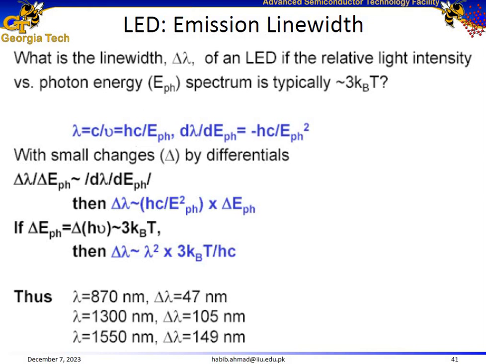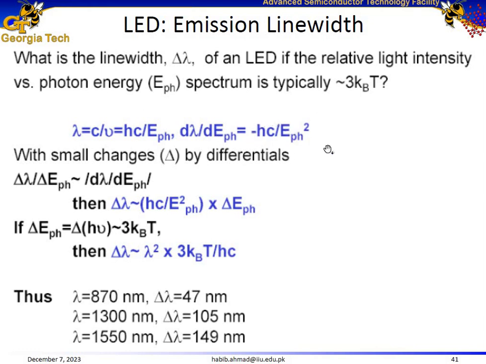How do we calculate the line width? Here is a relationship for wavelength equal to c divided by ν, or hc divided by the energy of the emitted photons. Now take the derivative of the wavelength with respect to the energy of the emitted photons.